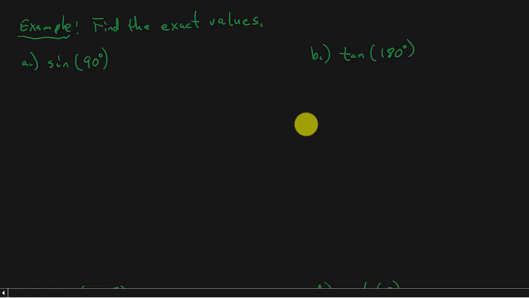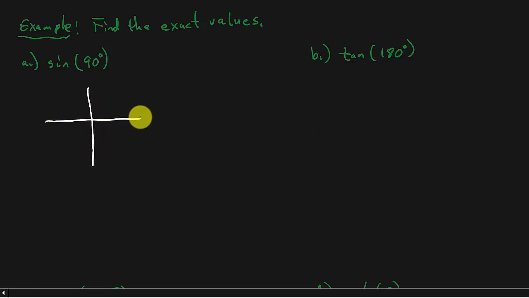Memorize those. If you memorize those, your life's going to be much easier in trig. If you don't memorize those, your life's going to be more difficult, and you may have to repeat the class. Okay? You may be taking trig a second time. So just memorize them.